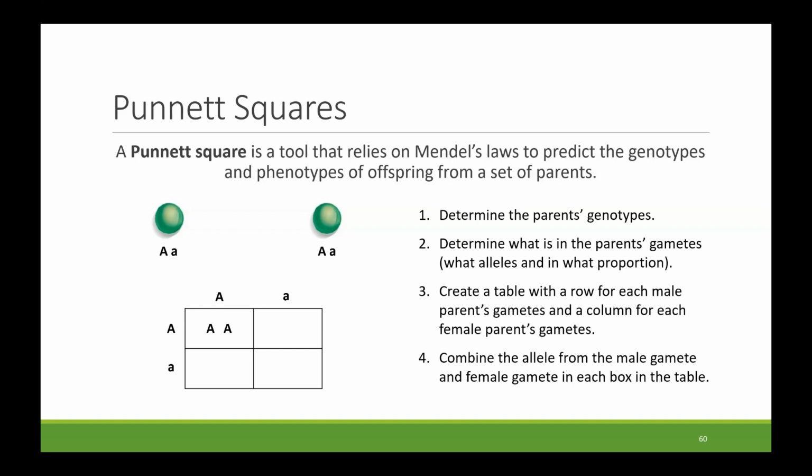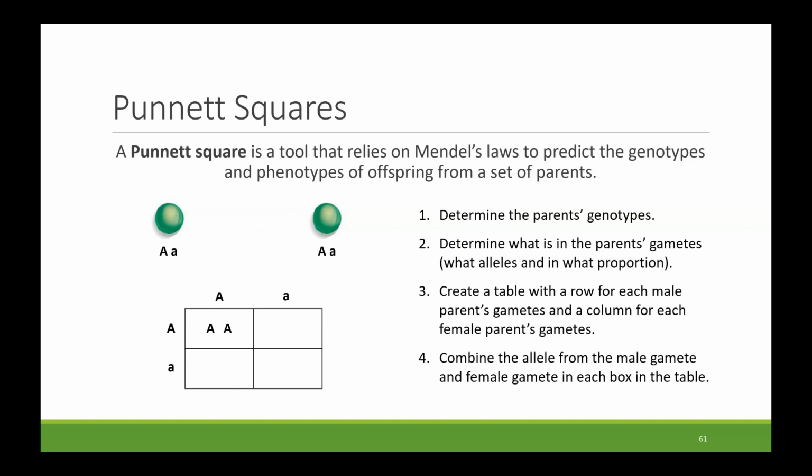You've shown one possibility, which is the possibility of a male gamete carrying capital A fertilizing a female gamete also carrying capital A. The 2 letters in the middle represent the genotype of the offspring. So to be clear, each box in this Punnett square represents a possible offspring. And we have to repeat that process for each of these boxes.